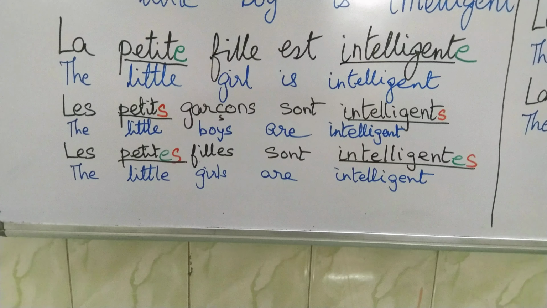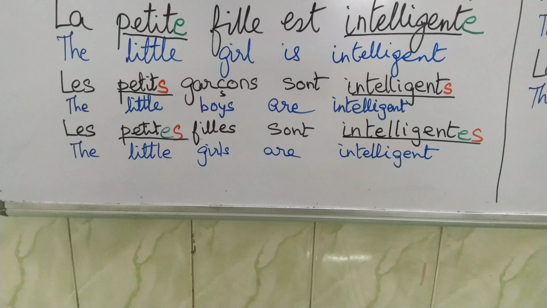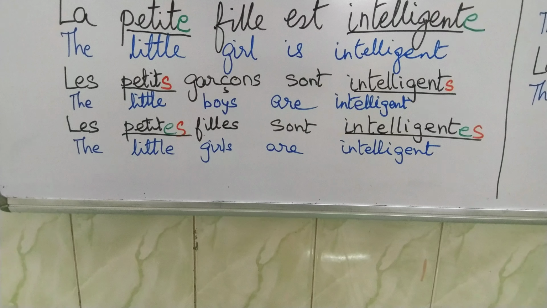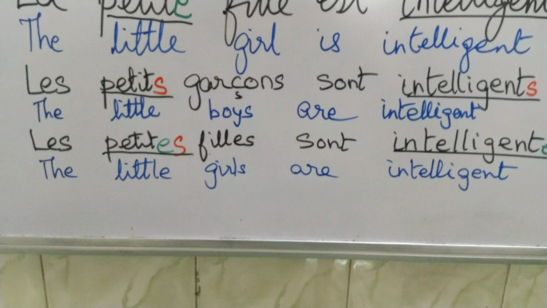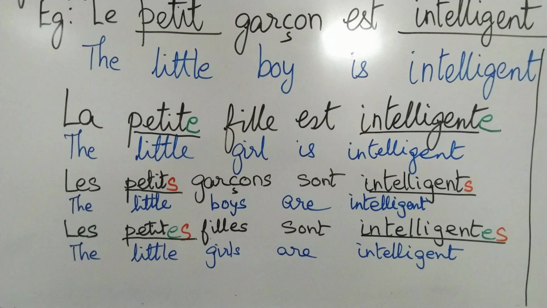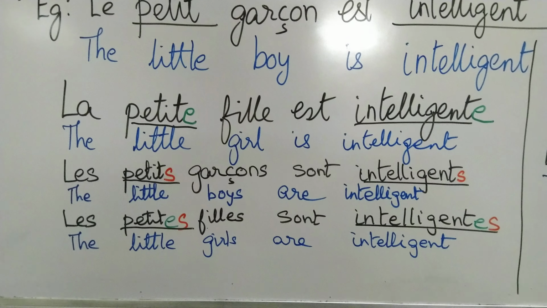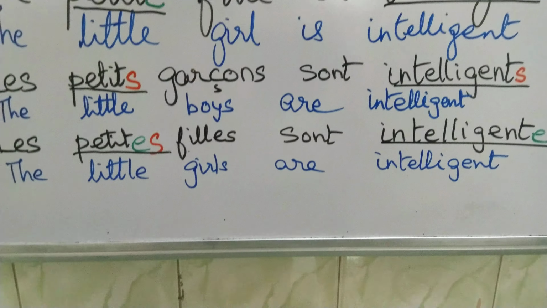Then, the next example, les petits garçons sont intelligents. The little boys are intelligent. If you look at the noun garçon, that is masculine plural. In the very first sentence we had garçon, which is masculine singular. Now we have the same noun garçon, which is masculine plural.